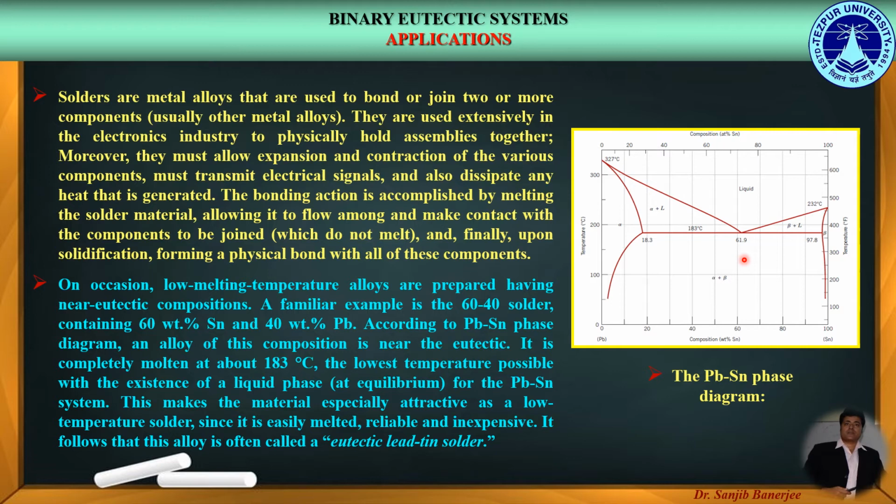It is completely molten at about 183 degrees centigrade, the lowest temperature which is possible with the existence of a liquid phase at equilibrium for this lead-tin system, which is revealed from this phase diagram.